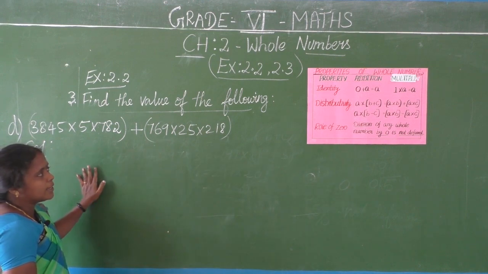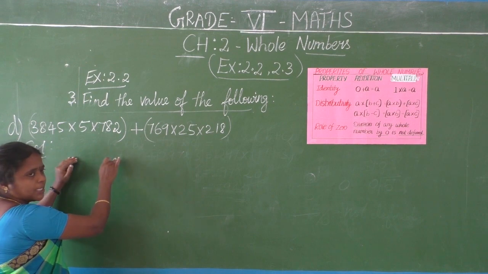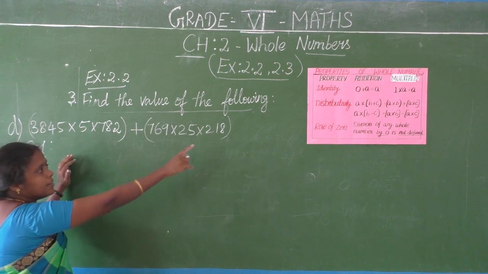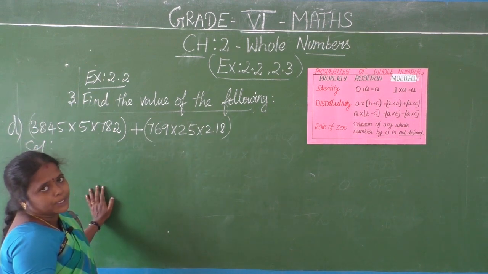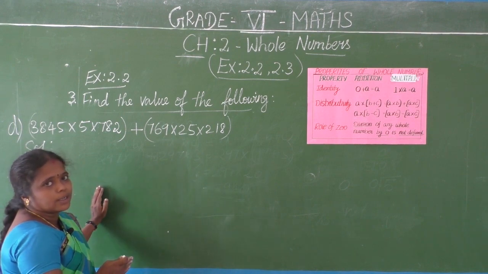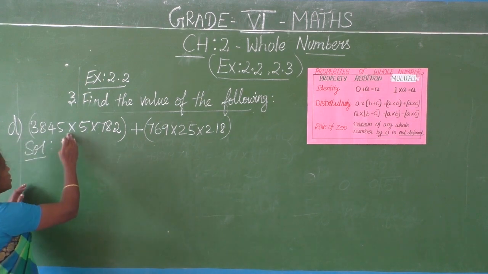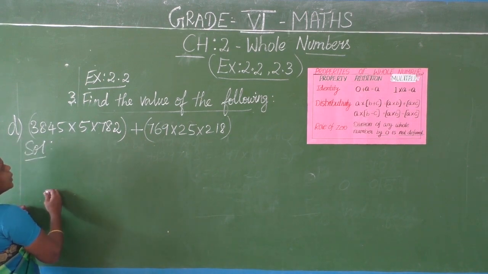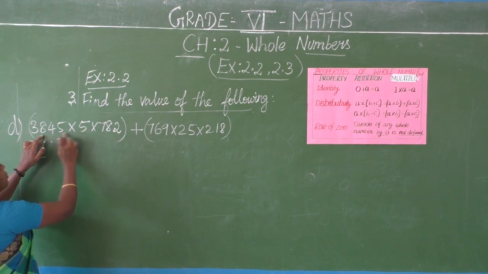What I am trying to tell, understood? In this position, this sum is not matched with the distributive property. So, I am going to simplify this question one more step lower. In which way? See, first I am going to multiply these two.